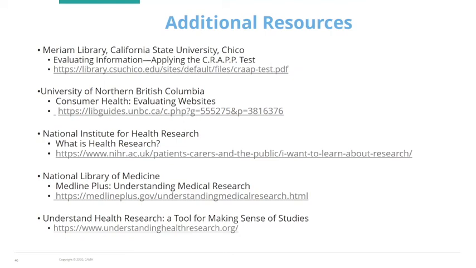The National Library of Medicine in the US also has a great website on understanding medical research. And lastly, there's a fantastic online tool, also from the UK, on how to understand health research, with information on how to make sense of all of those different medical studies that are available.